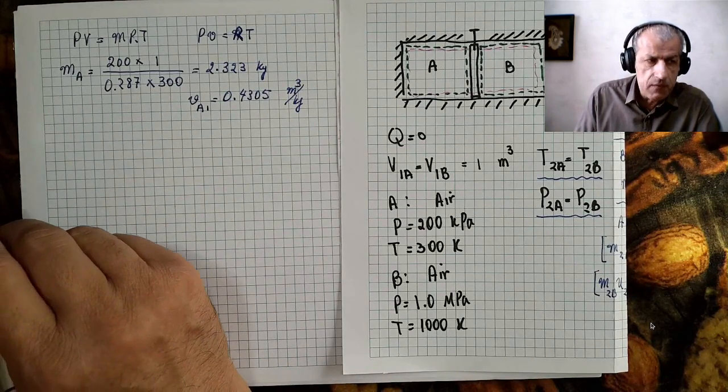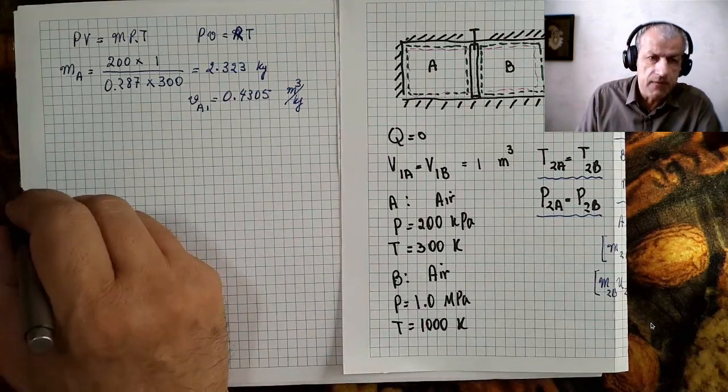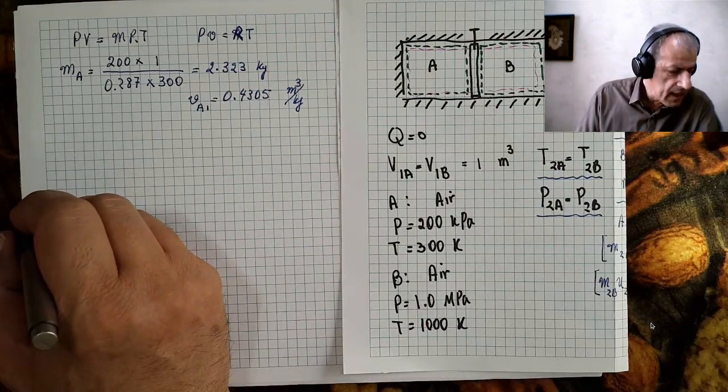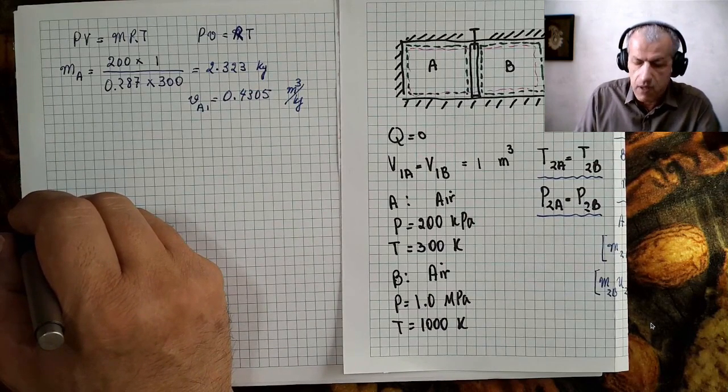As for B, we may repeat the same practice with the knowledge of pressure and temperature and calculate both mass and specific volume.